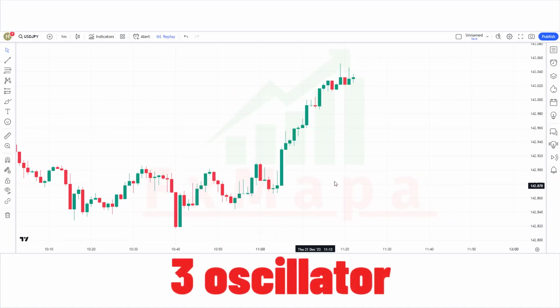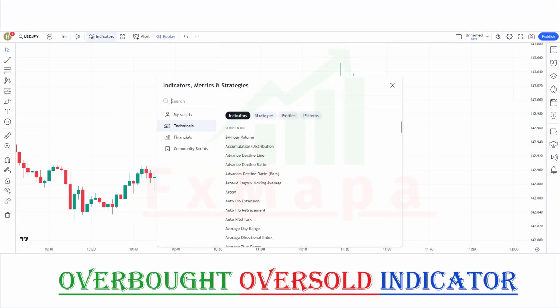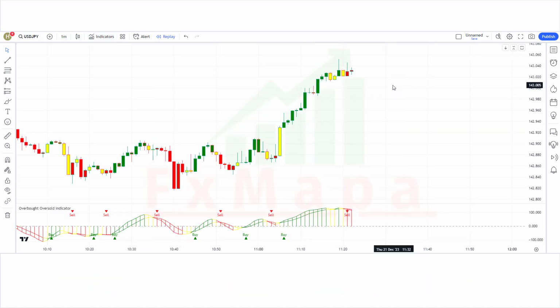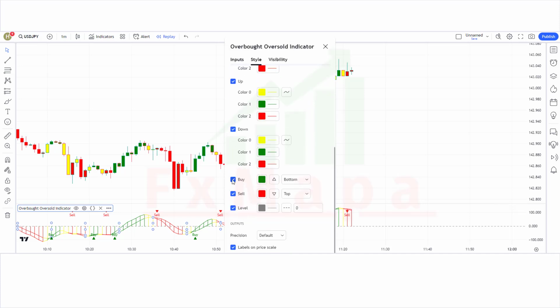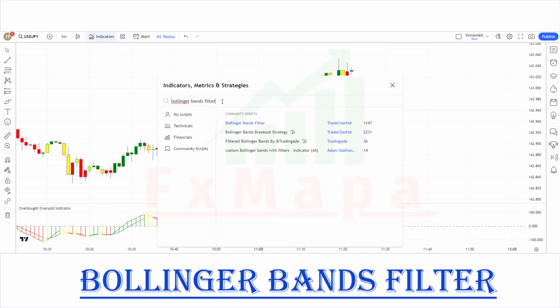In this setup we would require 3 oscillators. First indicator name is Overbought Oversold indicator. Keep the indicator settings as I have shown here. Second indicator name is Bollinger Bands Filter.